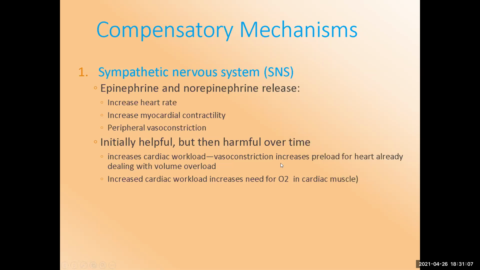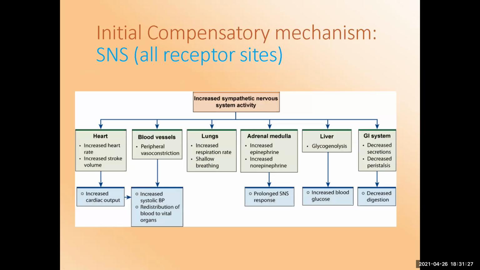Over time, vasoconstriction increases the preload for the heart, already dealing with volume overload, and increased cardiac workload increases the need for O2, or oxygen, to the cardiac muscle. So you can see how this keeps snowballing, they call it, right?